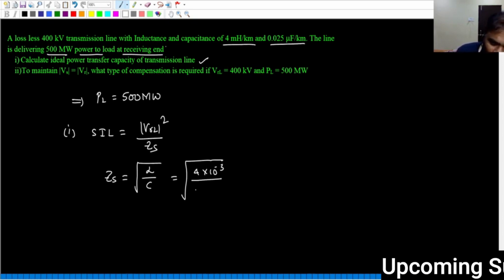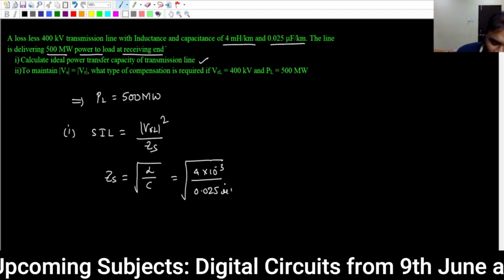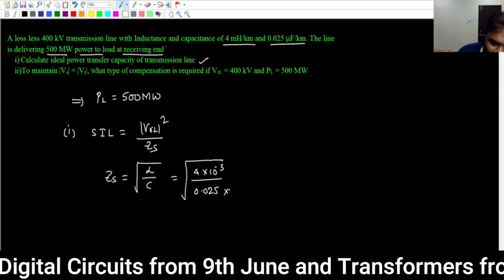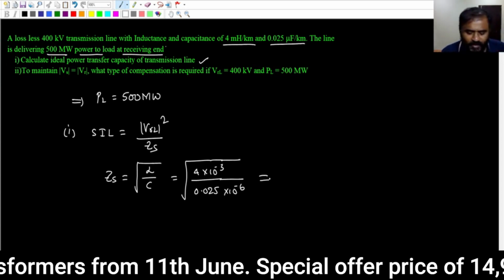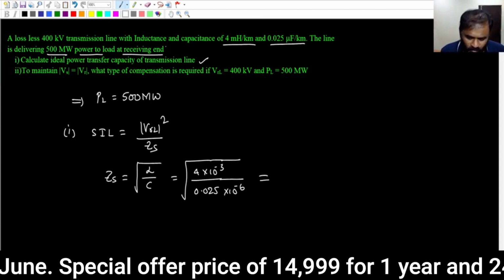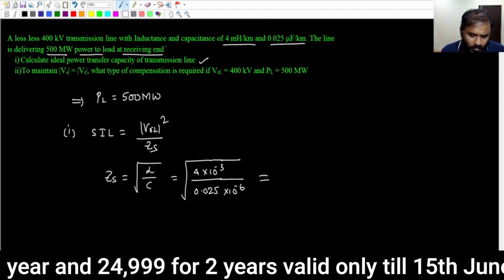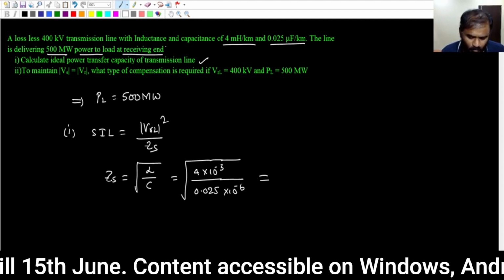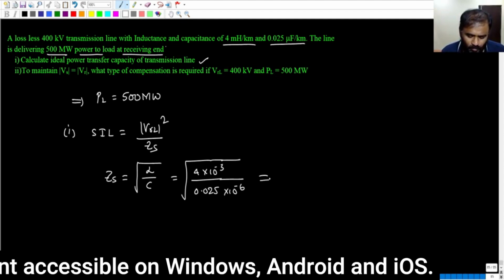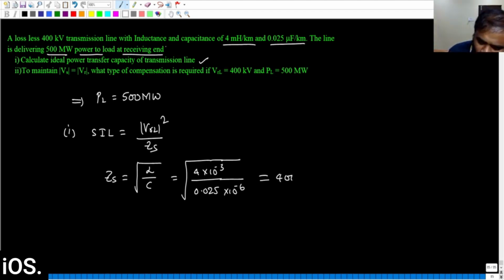We can keep 0.025 micro as it is. Micro means 10 power minus 6. If I calculate this, what do I get? We get 400 ohms. If you have any doubt, check. Yeah, we get 400 ohms, no doubt.